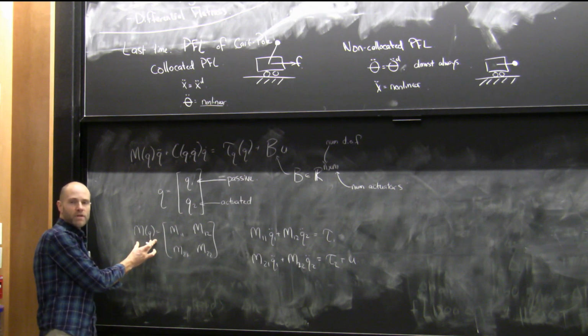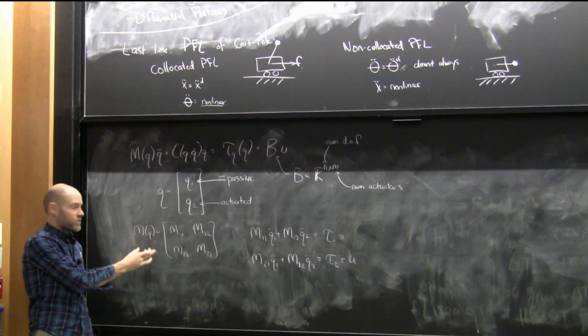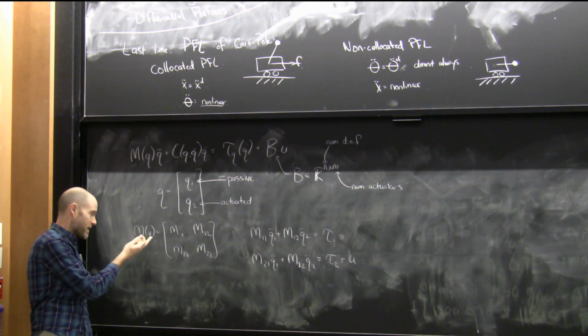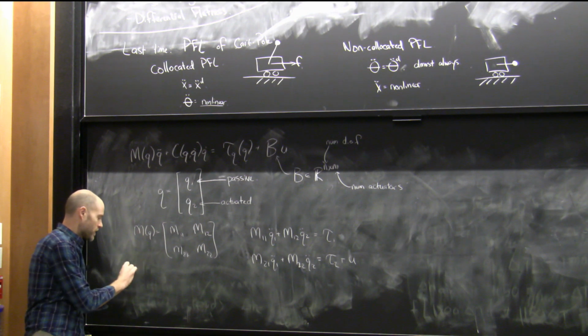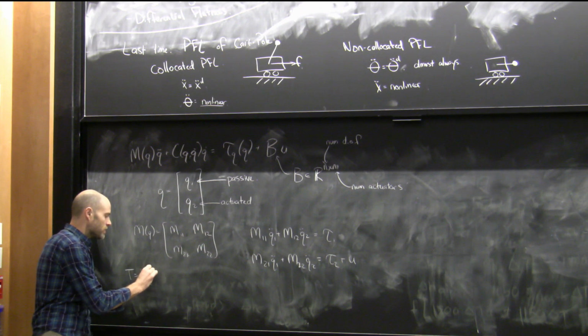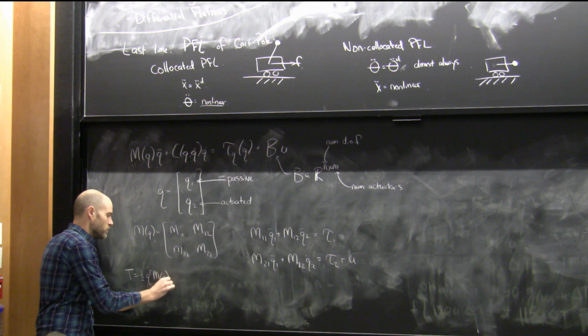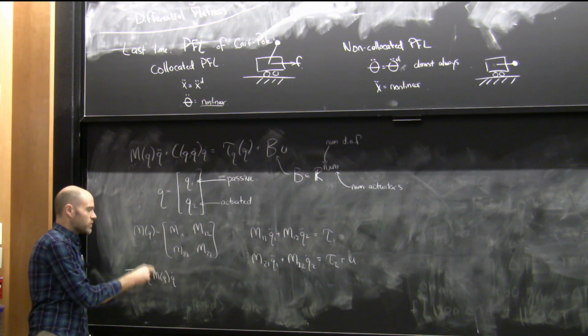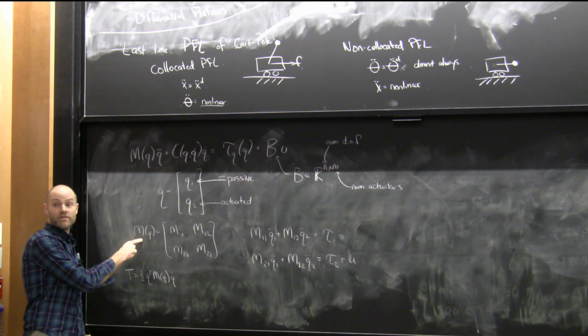Remember we had some nice properties because M was the mass matrix, and the total kinetic energy is 1/2 Q dot transpose M(Q) Q dot. So we understand that M is positive definite.